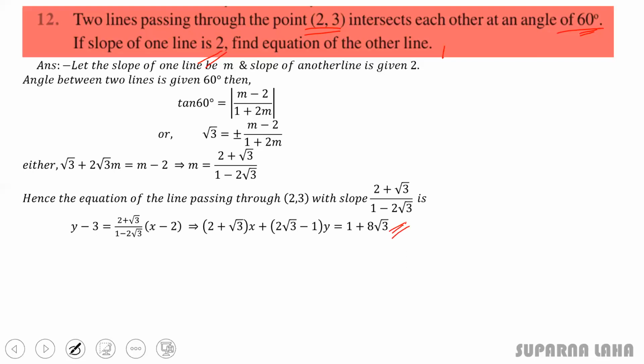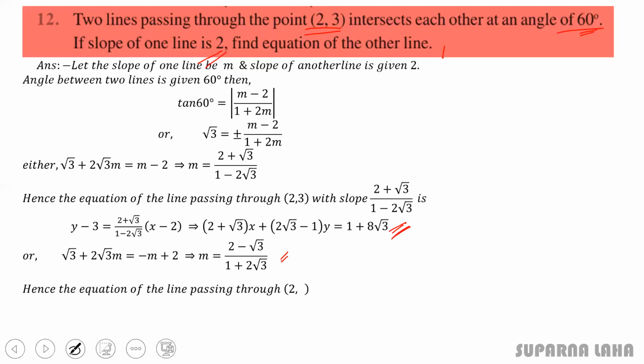So this is the equation of the line. Now take the other case, the negative sign: minus of (m minus 2) by (1 plus 2m), and simplify it. You will find the value of m is (2 minus root 3) by (1 plus 2 root 3). Now you have the slope and one point on the straight line, which is (2, 3).